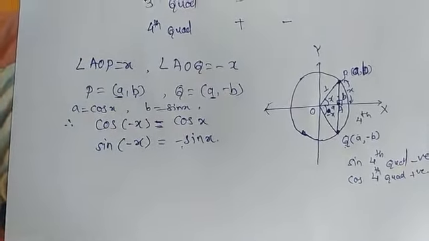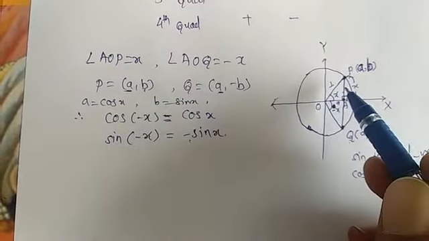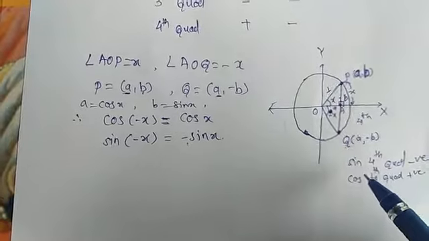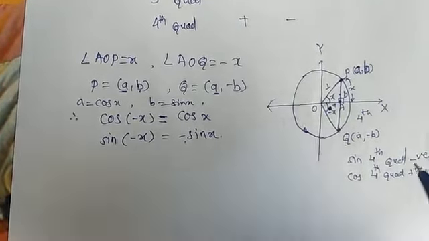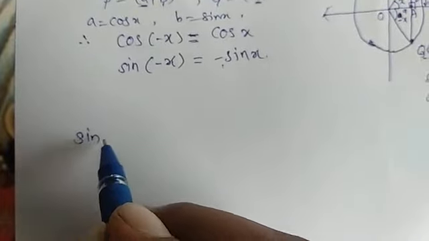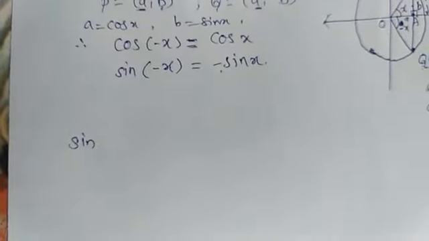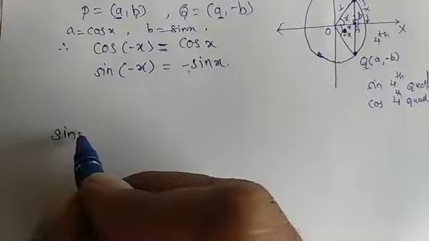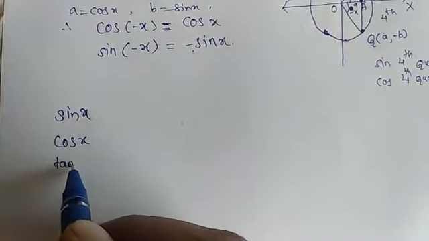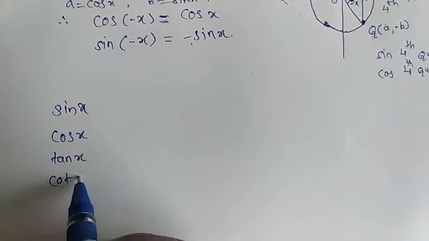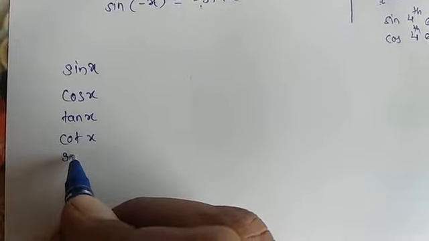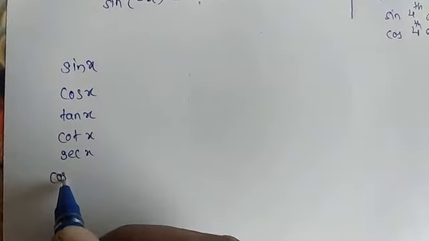So from this unit circle you can find the signs of all trigonometric functions. The trigonometric functions are sin x, cos x, tan x, cot x, sec x, and cosec x.